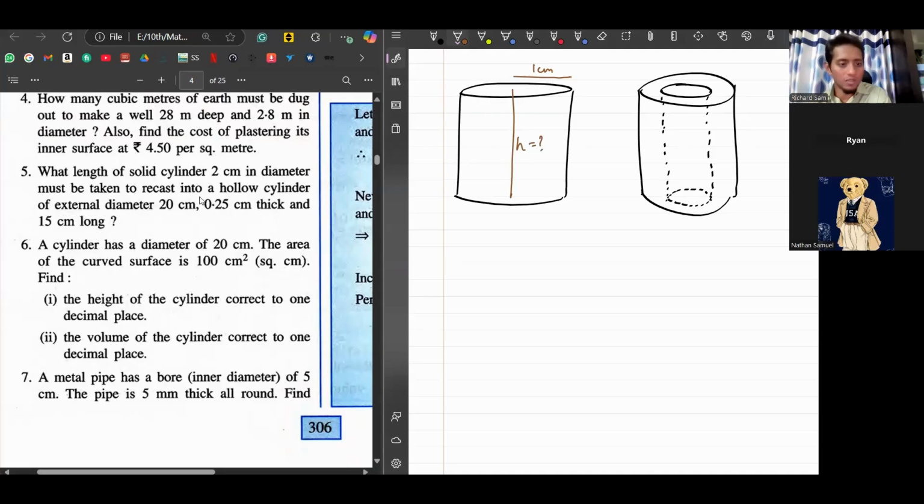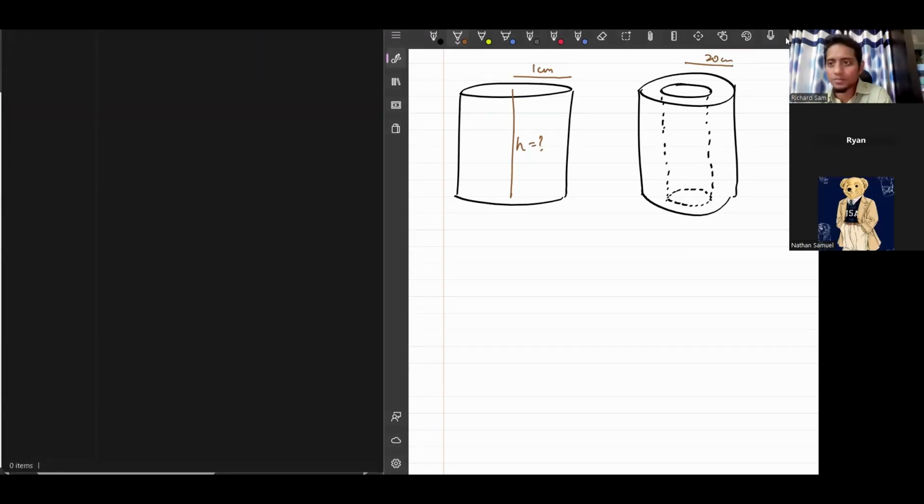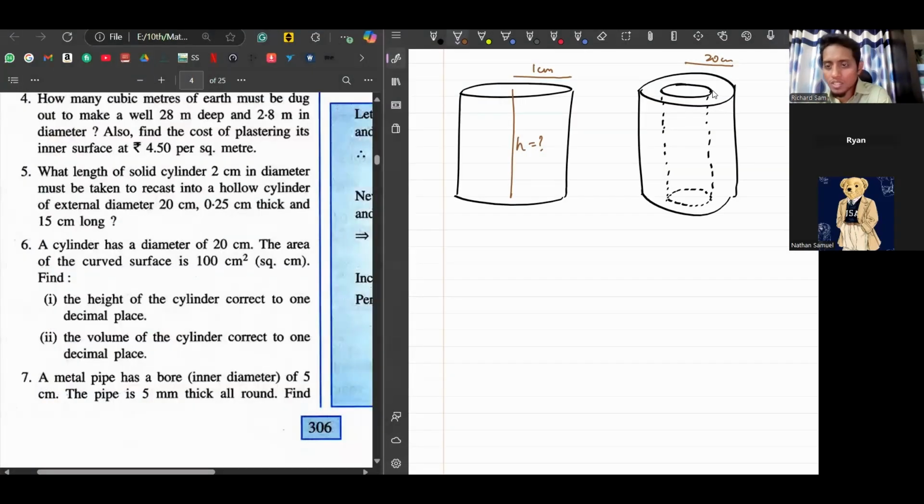Now for the hollow cylinder, what all is there? External diameter 20. So from center till here is 20 centimeter. Then thickness is given as 0.25, which means from here to here. So how much will be the internal radius? See, external capital R is 20 centimeter.